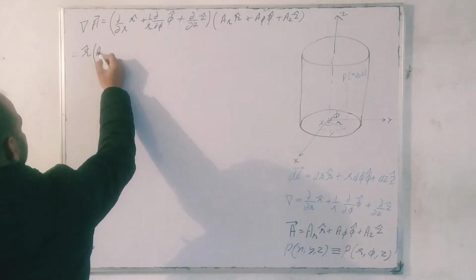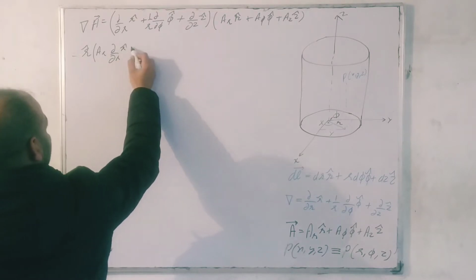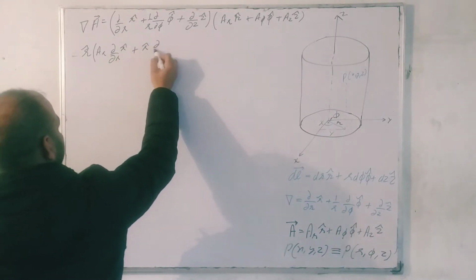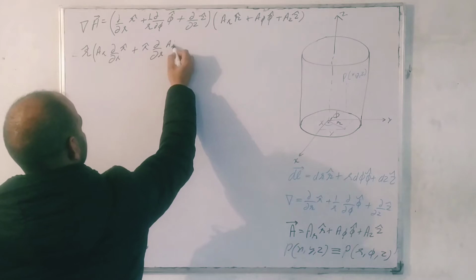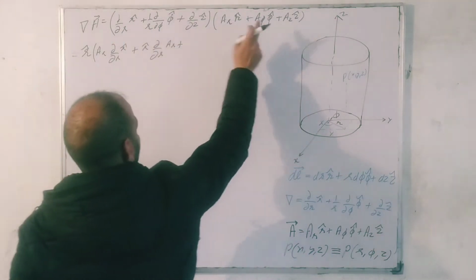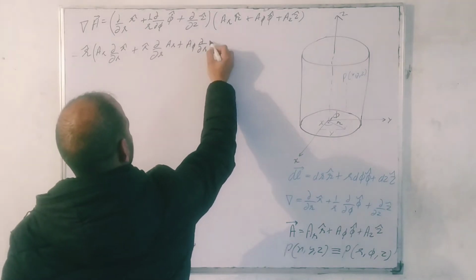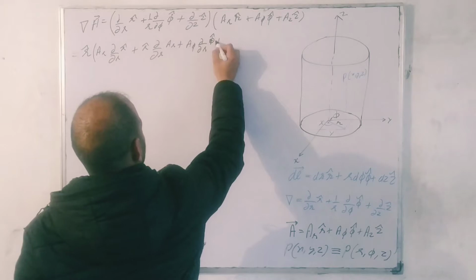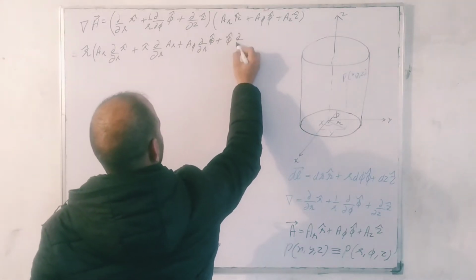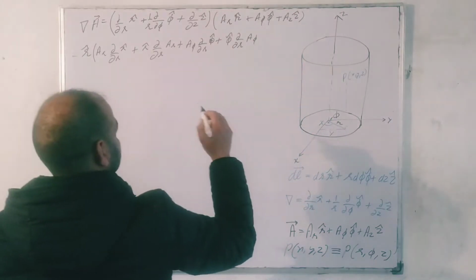This is AR curly upon curly R of R cap, plus R cap curly upon curly R of AR, plus next, A phi curly upon curly R of phi cap, plus phi cap curly upon curly R of A phi.